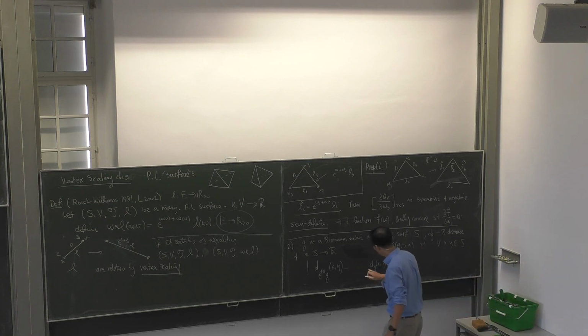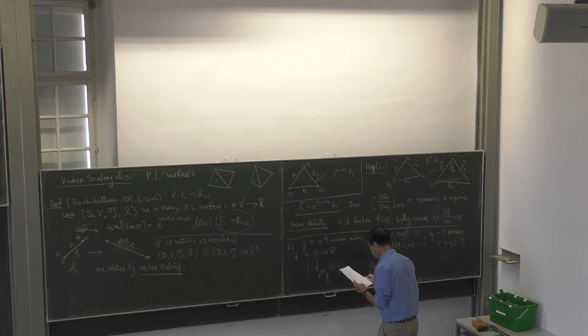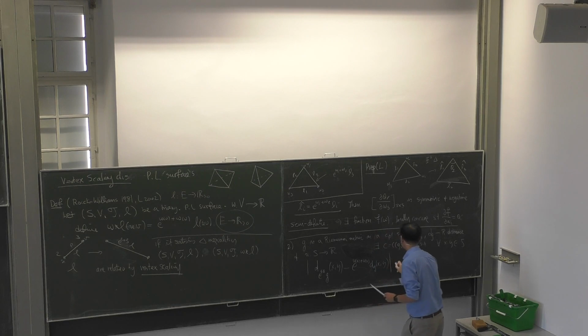It turns out there is a scaling factor in front of it, which is exactly this: e to the u of x plus e to the u of y, times the constant C, times the distance to the third power.